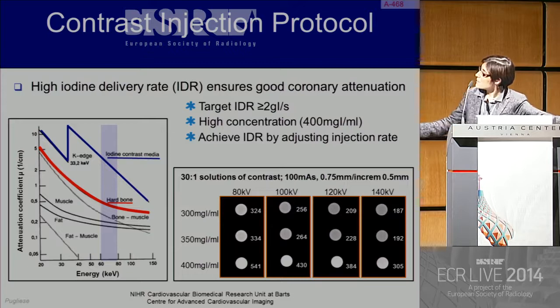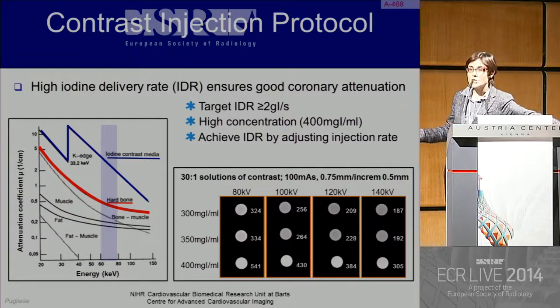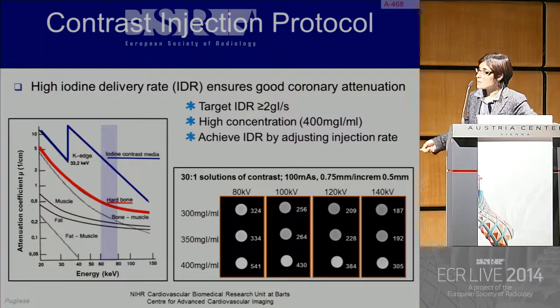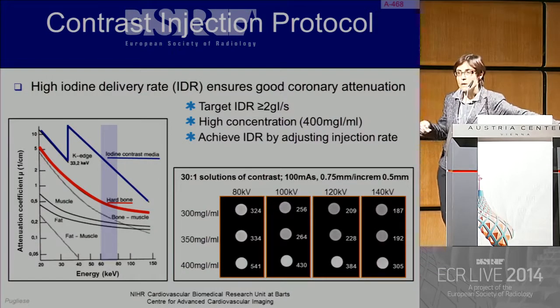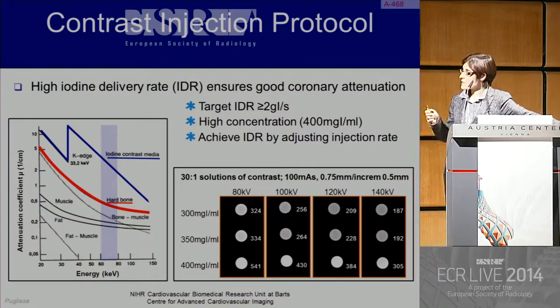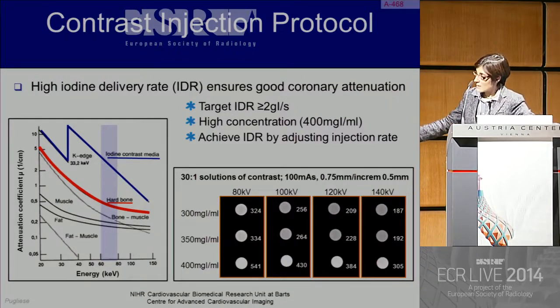And what you can see here is the effect of changing the contrast agent concentration and the kilovoltages on the attenuation that you can achieve. This is a phantom study done with equal dilution of 1 part of contrast and 30 parts of saline solution. Clearly different types of contrast were used, so the concentration of contrast agent is increasing in this direction, going from top to bottom, and these were the different kilovoltages that were used.